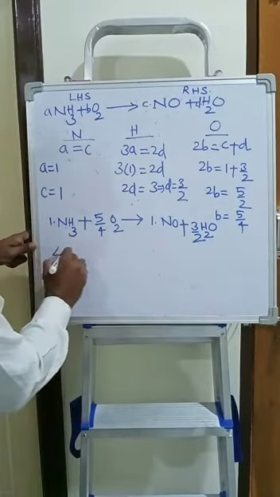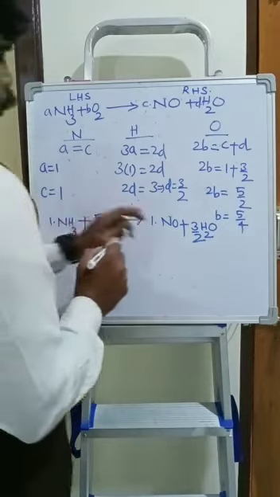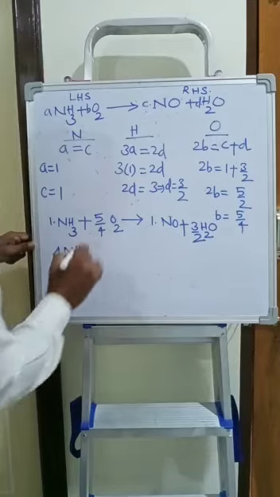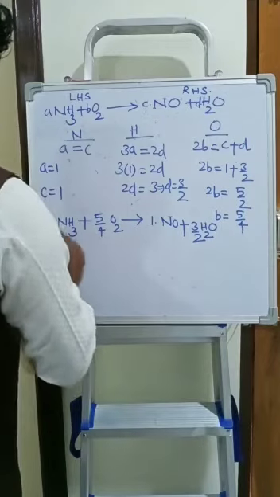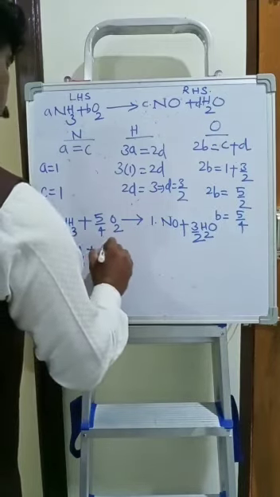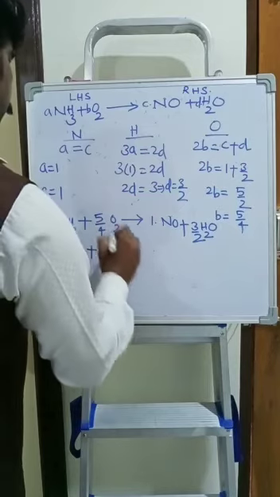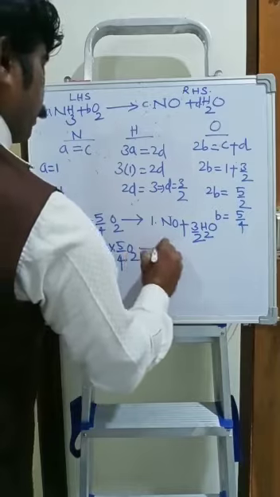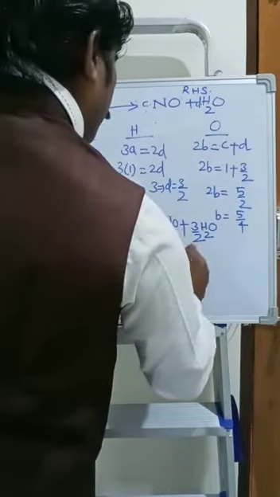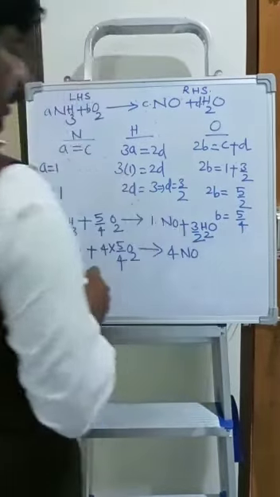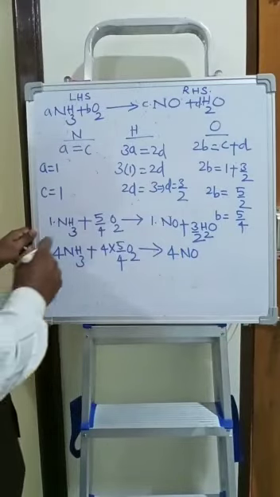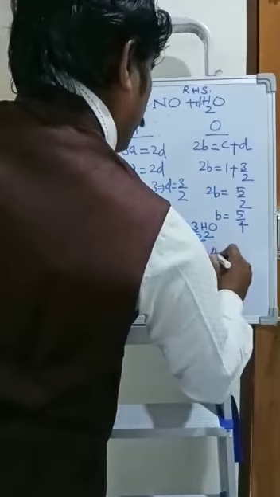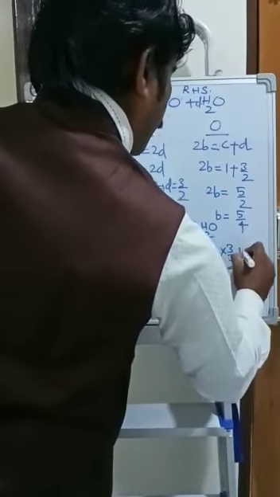So multiplying both sides by 4: 4 into 1, 4 NH3, plus 4 into 5 by 4 O2, gives rise to 4 into 1, 4 NO, plus 4 into 3 by 2 H2O.